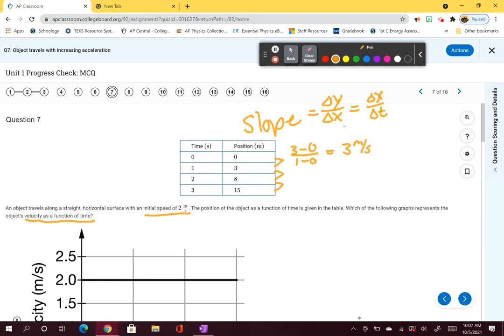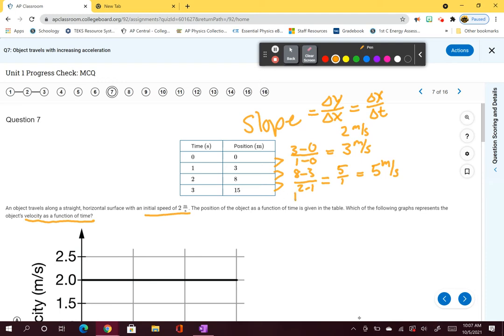Now it starts off at 2, right? So we know it starts off at 2. Oh, so it looks like it's increasing a little bit. So this one would be 8 minus 3 over 2 minus 1. So that'd be 5 over 1. So that would just be 5 meters per second.